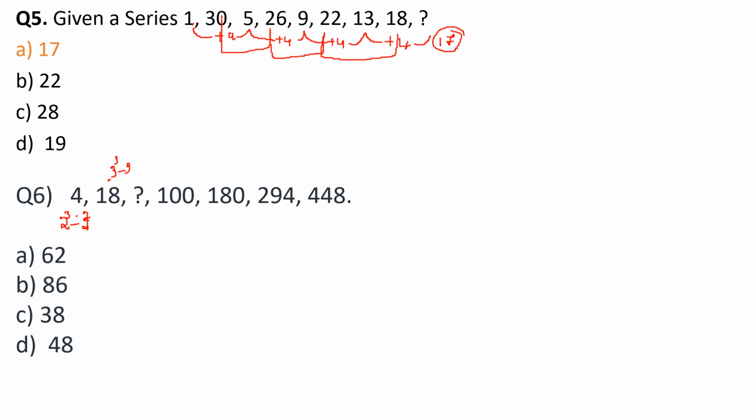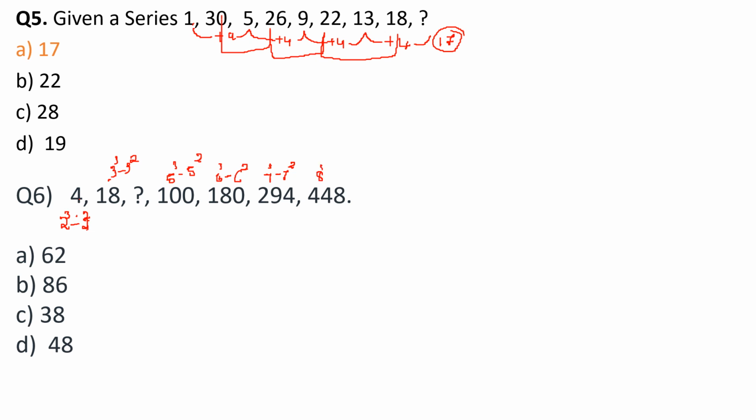Now 100 is 5 cube minus 5 square, 125 minus 25. So 120, 180 is 6 cube, 216 minus 36. This is 7 cube minus 7 square, that is 343 minus 49, which is 294.